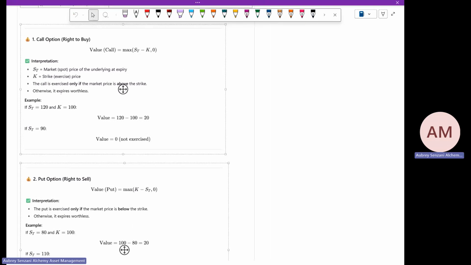So for a call option, what we want is for the price of the MTN share to be higher than the price at which we can buy it. So the spot price in the market should be higher than K. K is the strike price, the price that our option allows us to buy the MTN share.